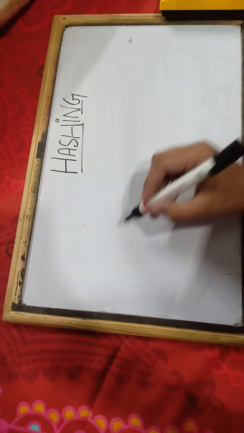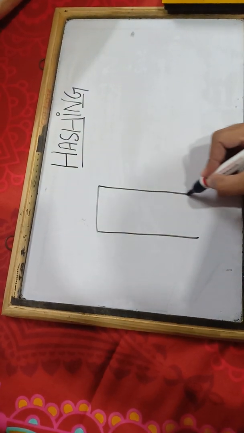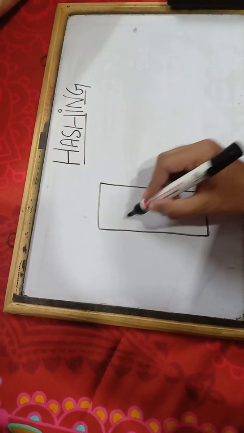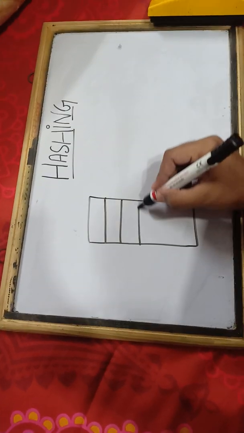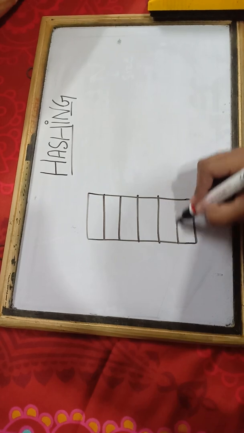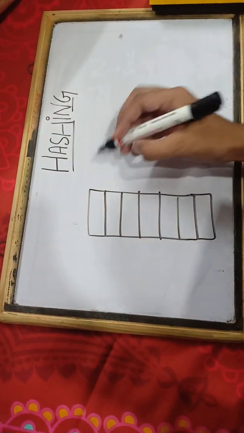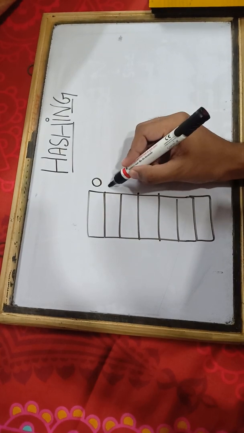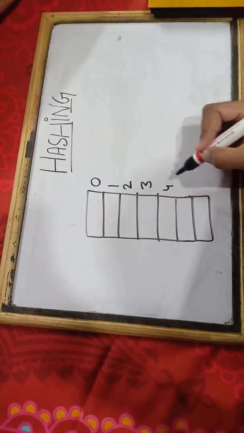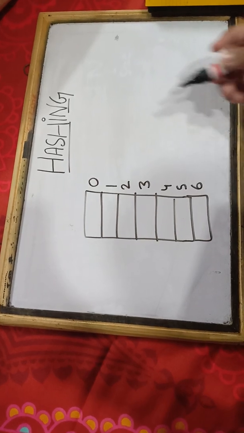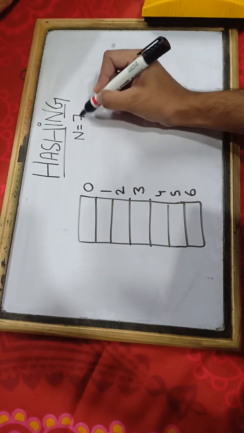Let's say we have a hash table. The size of the hash table is 7. I'll just do the indexing: 0, 1, 2, 3, 4, 5, 6. So here we have n equals 7.